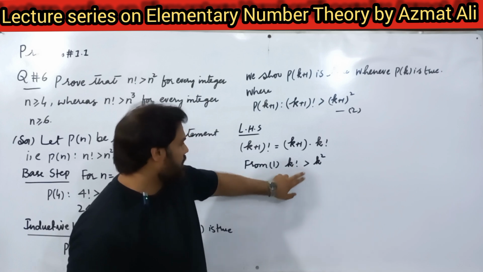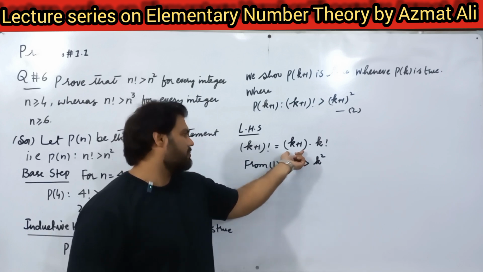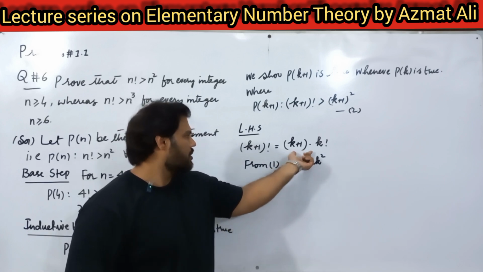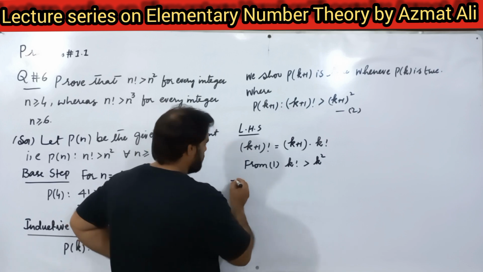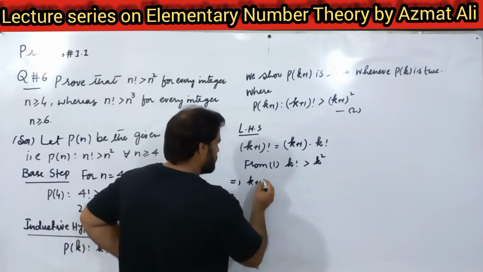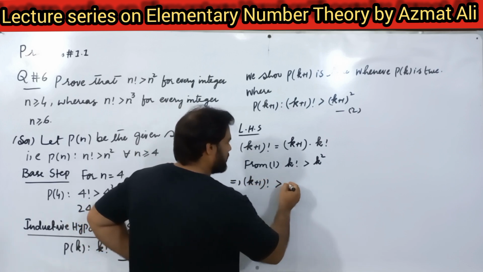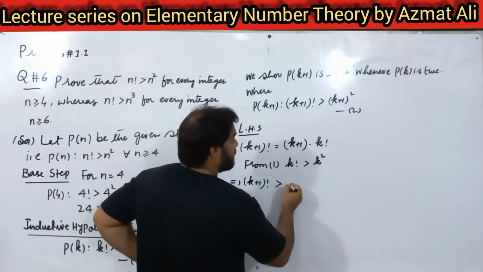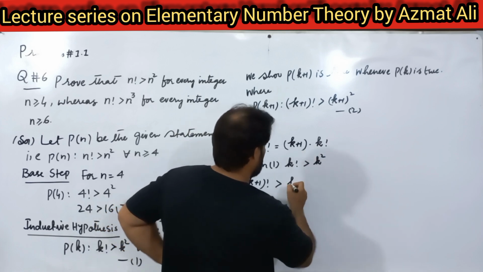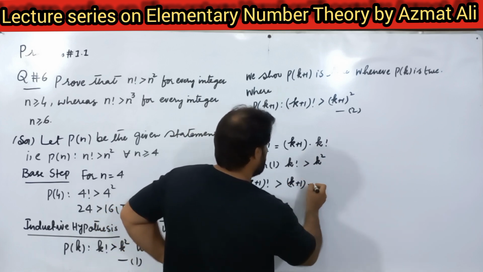So if we multiply k plus 1 on both sides, this becomes k plus 1 factorial is greater than k plus 1 into k square.